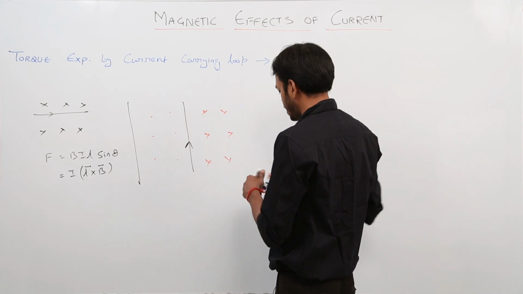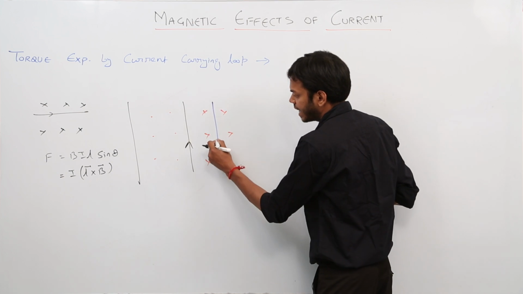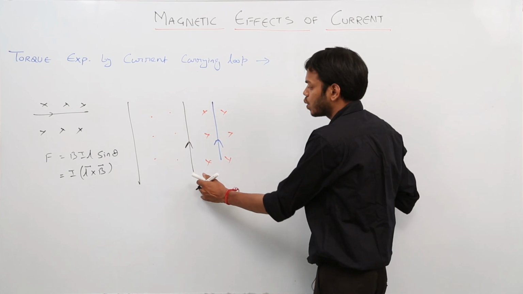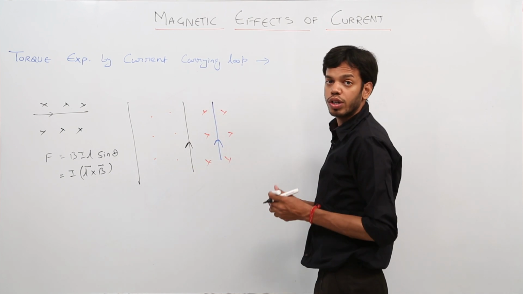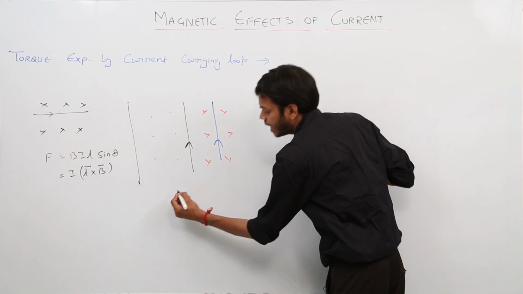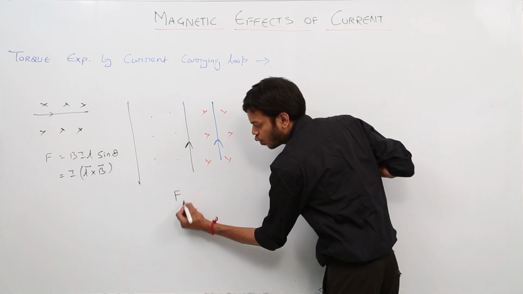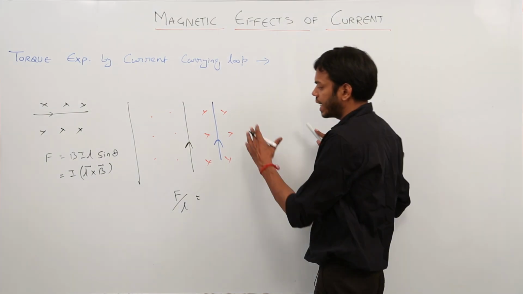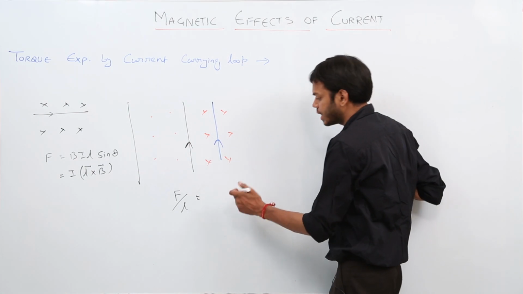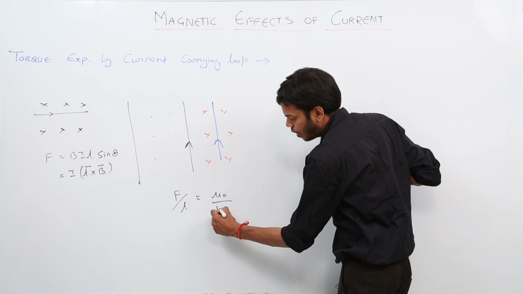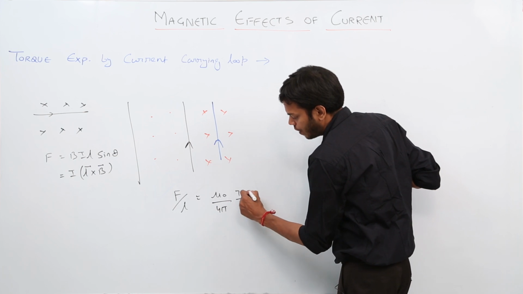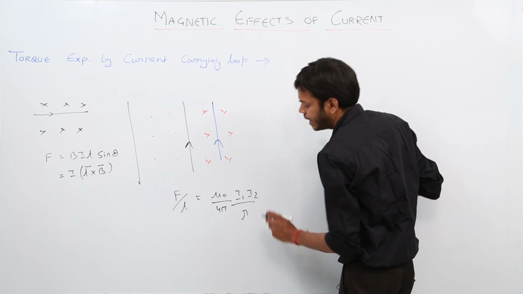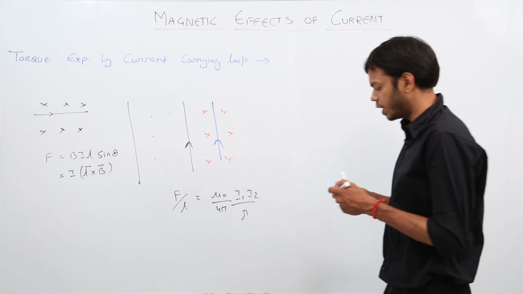If I place another wire in the magnetic field of this conductor, it is also going to experience some force. Then we did another formula, force per unit length, that is, force experienced per unit length of this wire is given by mu naught upon 4 pi I1 I2 over R. These were the two expressions which we did.